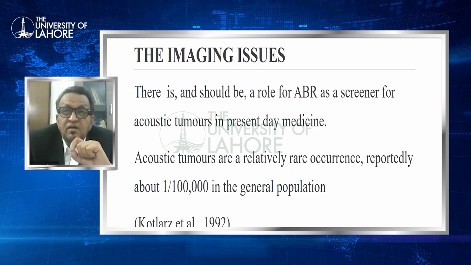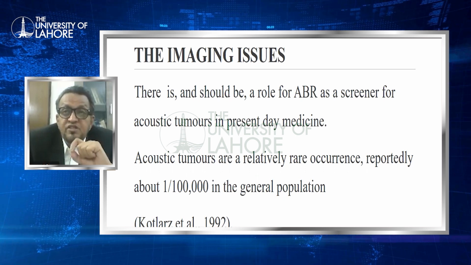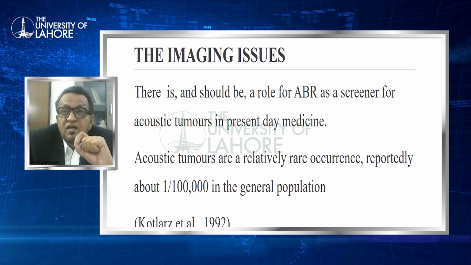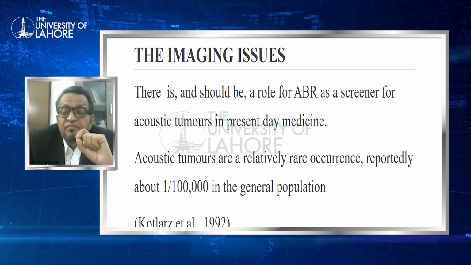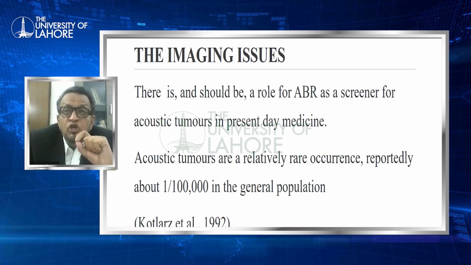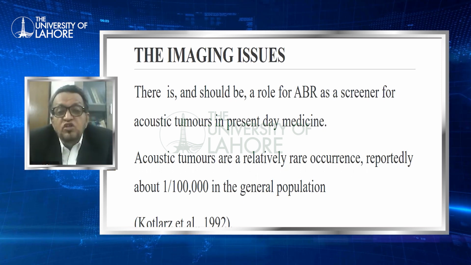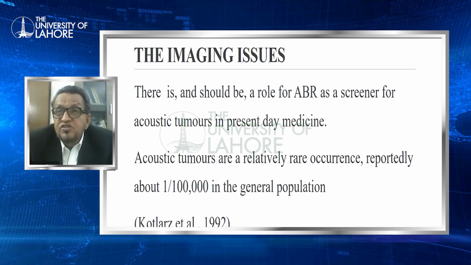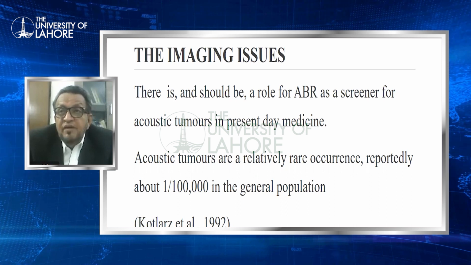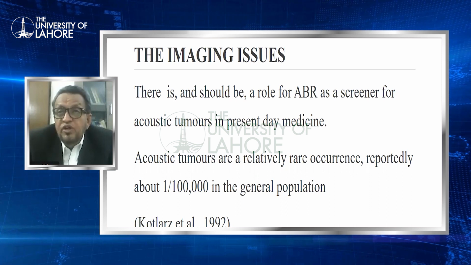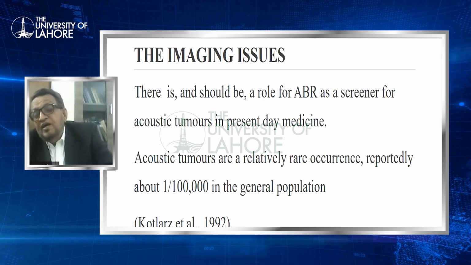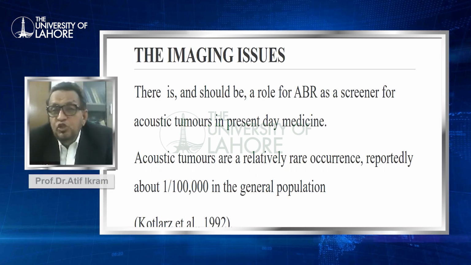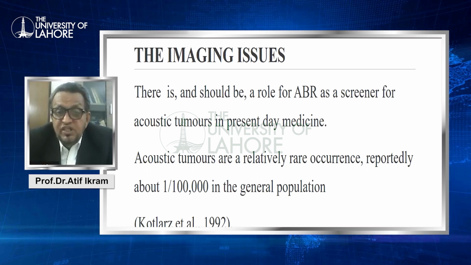And the danger it produces is not through being any kind of cancerous issue, but because of the size. As it grows in size, it causes problems of hearing loss, tinnitus, and possibly vertigo if it goes towards and forms a CPA tumor, which is a cerebellopontine angle tumor.